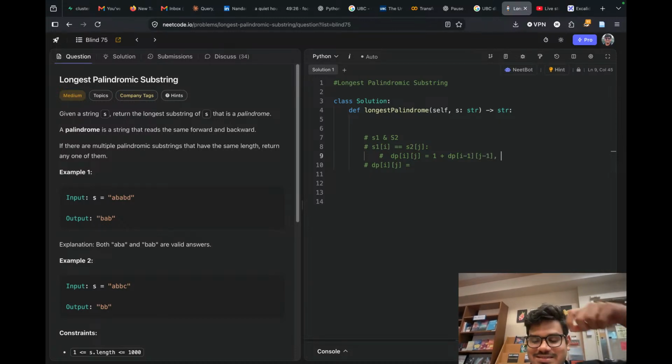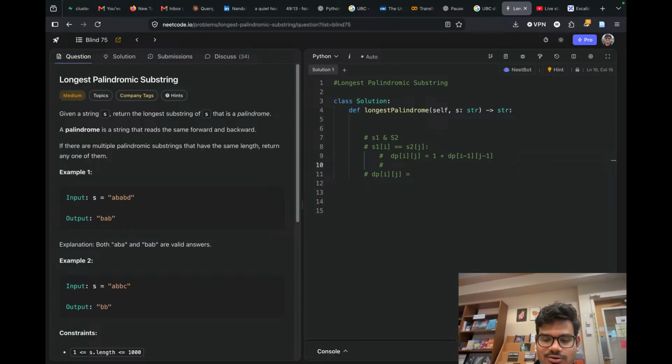But if we are, let's say, not taking, the maximum will be dp of i, j minus 1, right? And if we are, let's say, not taking them, then dp of ij will be the max of 1 plus dp of i minus 1 j and dp of i and j minus 1.